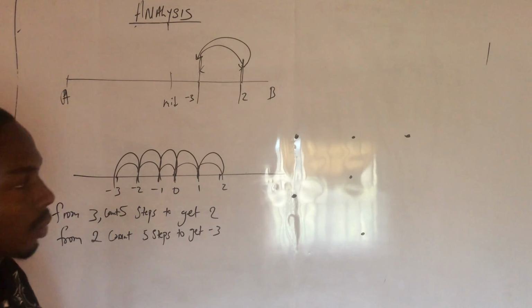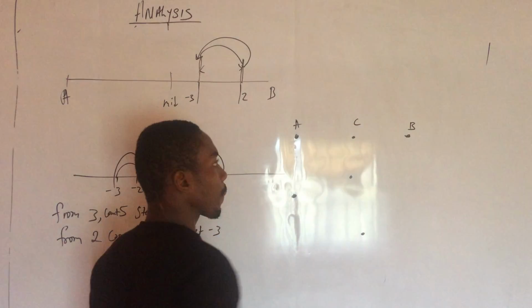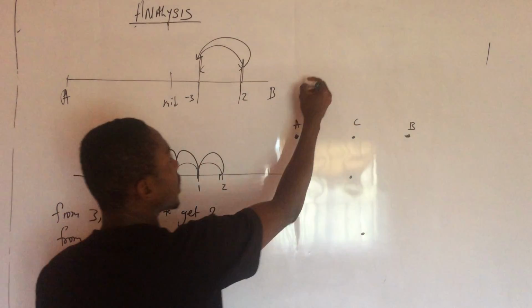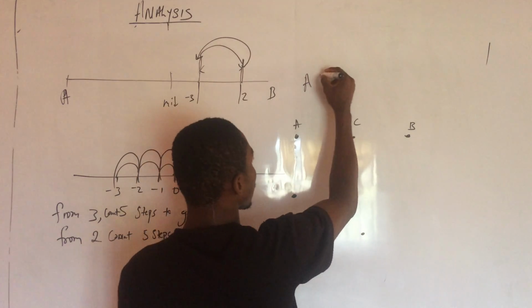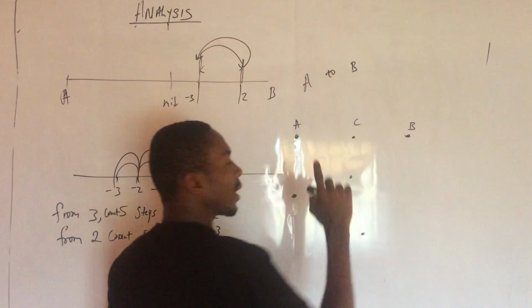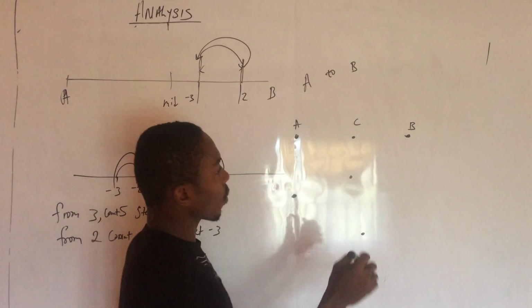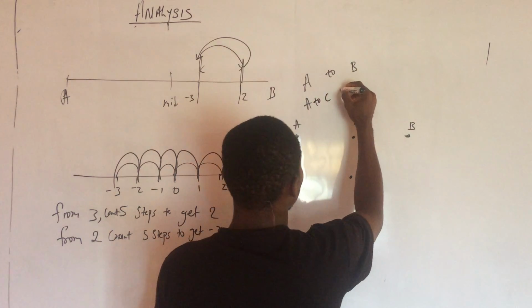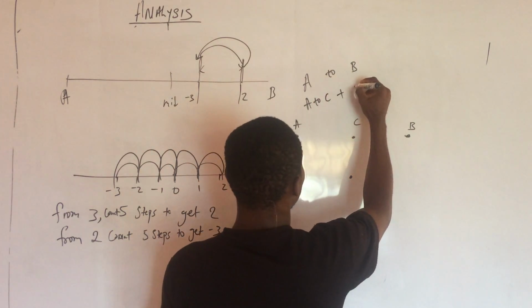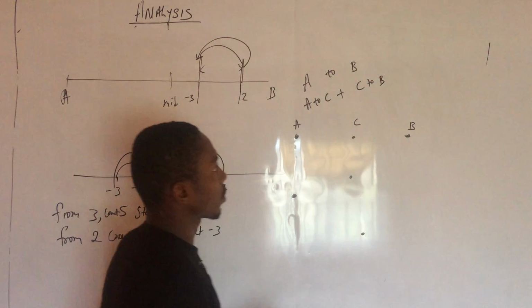It tells you that if here is A, here is B, and here is C, the distance from A to B is less than or equal to the distance from A to C plus the distance of what? C to B.